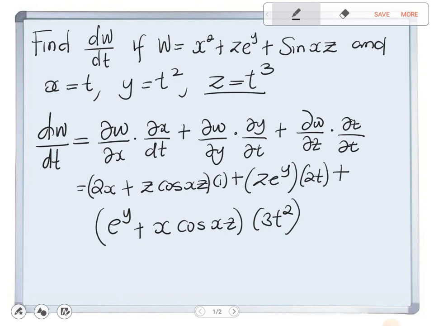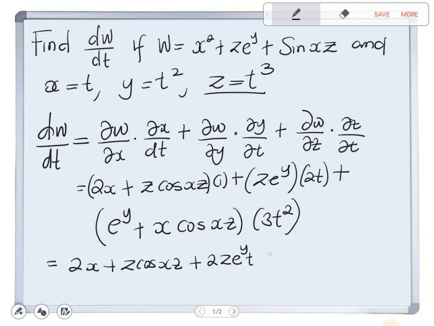It's just a matter of simplifying this. So let's simplify. We have 2x plus z cos xz, then plus there's a 2 here, so the 2 can come in front. We have z e to the power y, but there's a t, so don't forget the t.